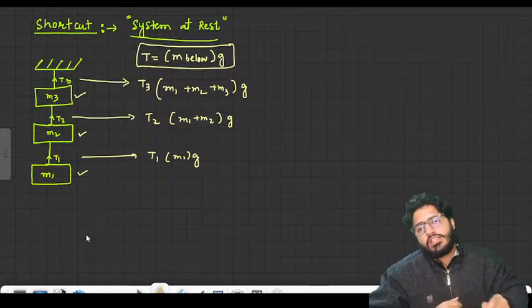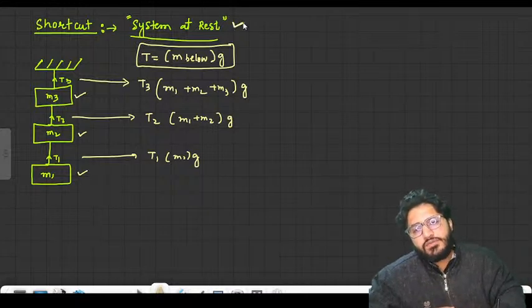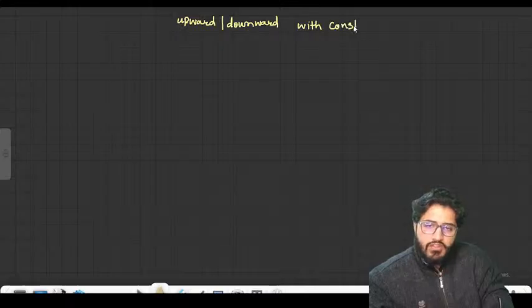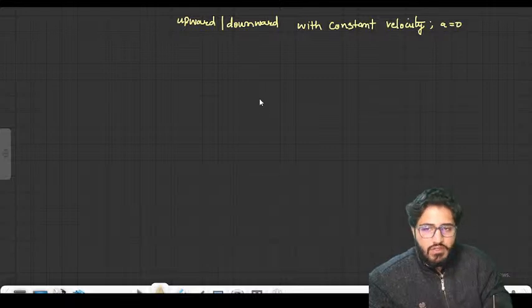Now, this particular thing was at rest. Now, if the system is moving upwards or downwards with constant velocity, that means my acceleration is 0.